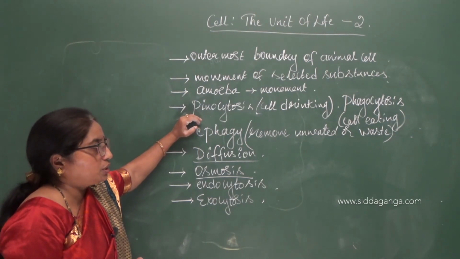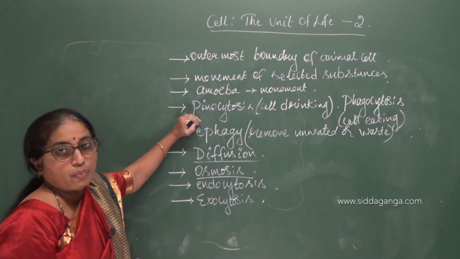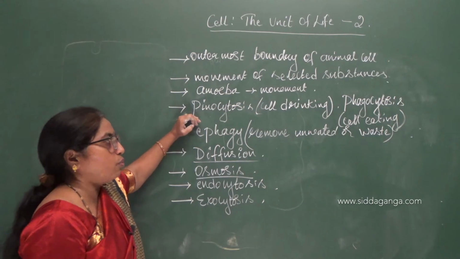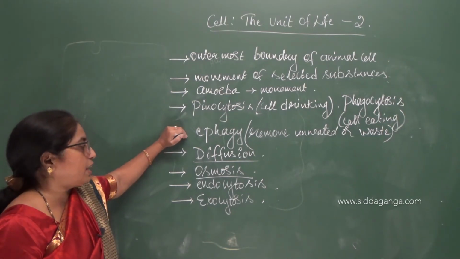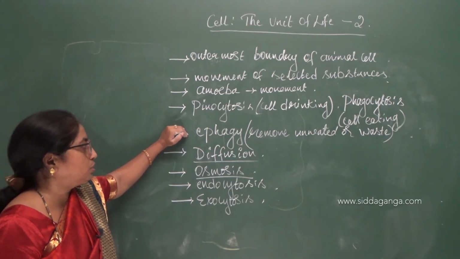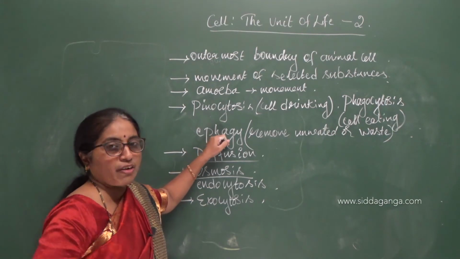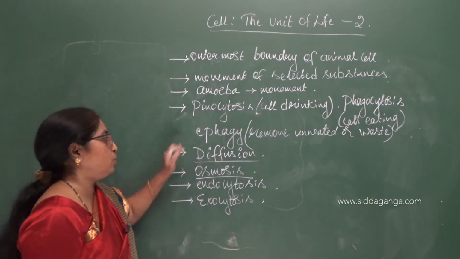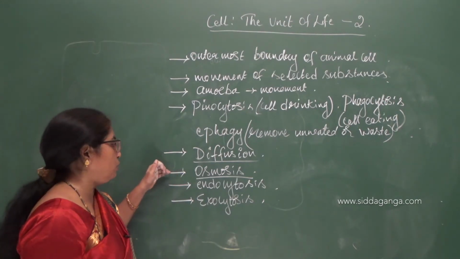And phagocytosis, that is cell eating: organic molecules which are present outside the cell are brought inside the cell by the formation of phagosomes, and you call it phagocytosis. The same phagosomes enclose the unwanted substance and are put outside the cell, you call it ephagy. Diffusion and osmosis you know very well.